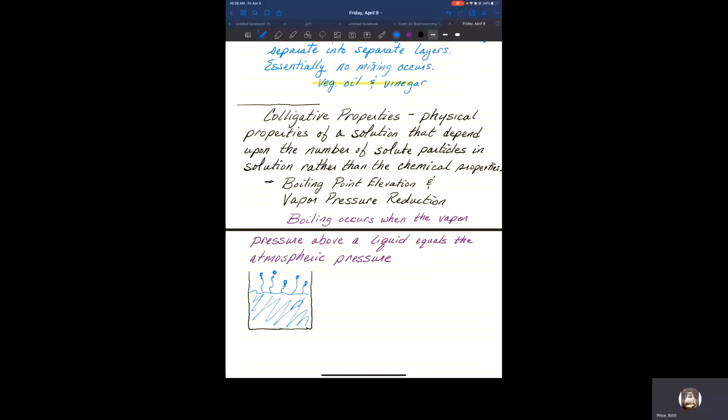The more vapor particles, the more vapor pressure. So here's my pure solvent.